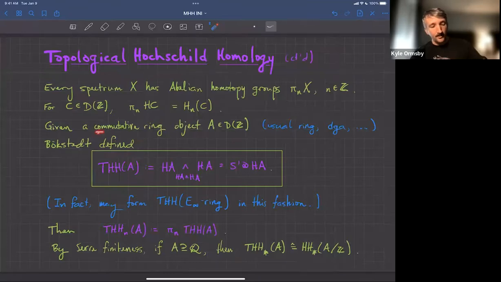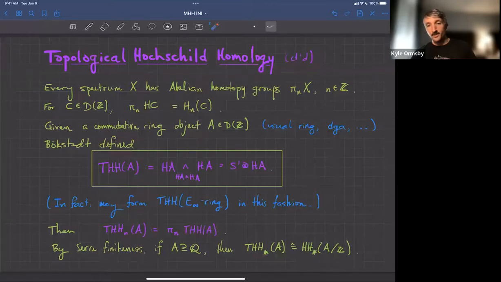And under the hypothesis that we're starting with a commutative ring object, this is the same thing as S1 tensor HA, where we're using here that spectra are also tensored in the simplicial sense. So this is some spectrum. And if we take its homotopy groups, then we have the nth THH, or topological Hochschild homology, of A.